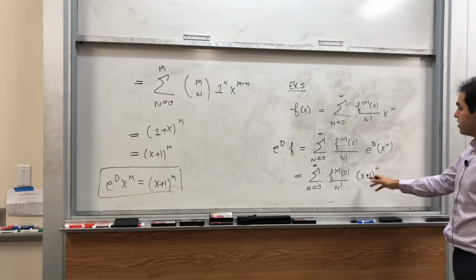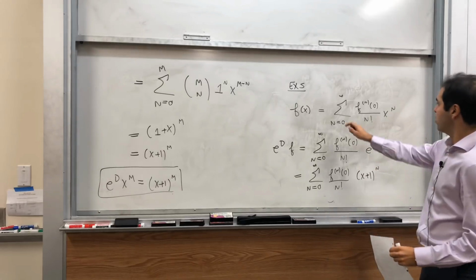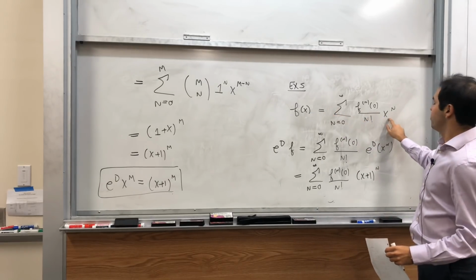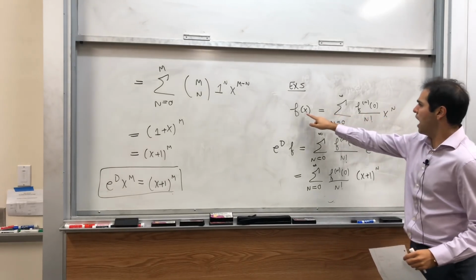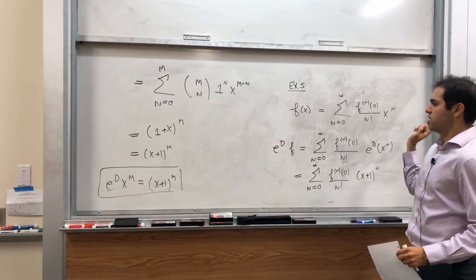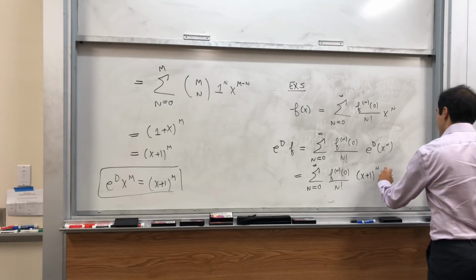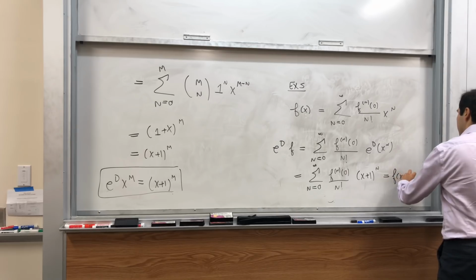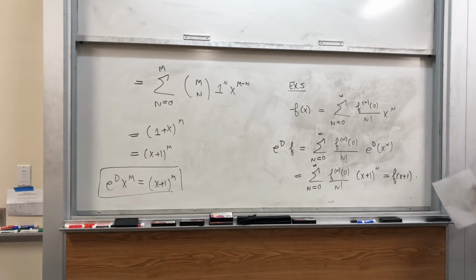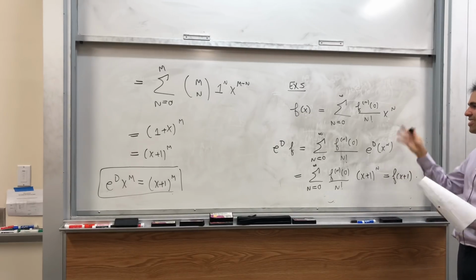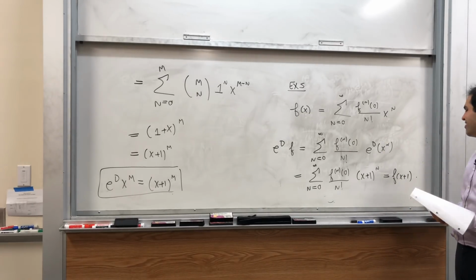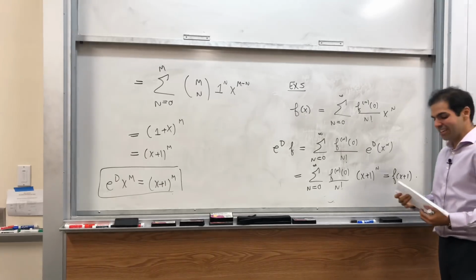Okay, but this is just the same. If you look, f has this Maclaurin series. Now just replace x by x plus 1 and you get that this is f of x plus 1. Cool. So indeed, for any function which has a Maclaurin series, this weird exponential derivative just shifts it by 1 unit.